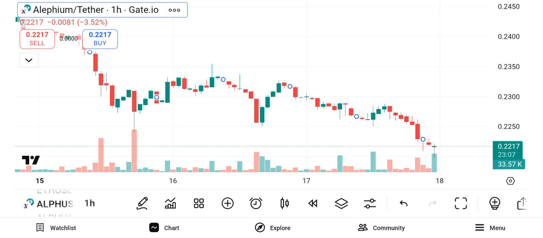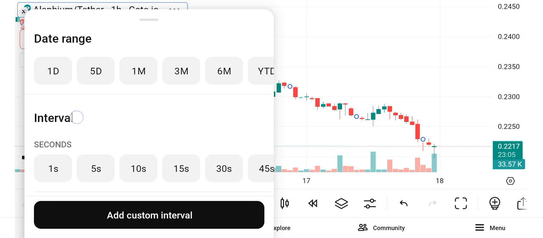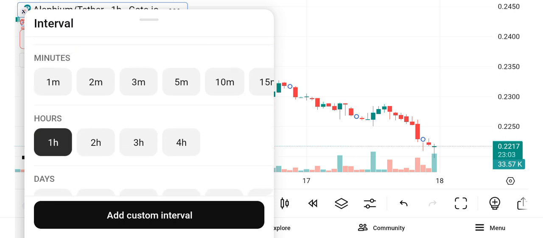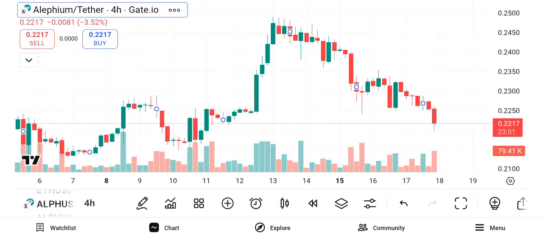So let's head to the 4 hours time frame so we can see what's happening more in depth. In the 4 hours time frame, we can see how clear it is. We had the support that was broken at 0.2250, this support line.